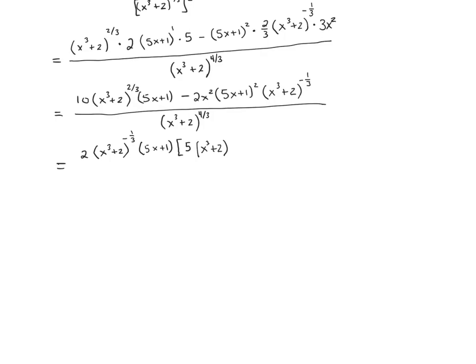Now remember that we will add these exponents when we multiply. So negative 1/3 plus what is positive 2/3? And that would be 3/3, right? Negative 1/3 plus 3/3 would be 2/3. But of course, 3/3 is just 1.